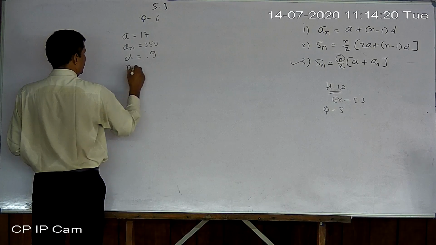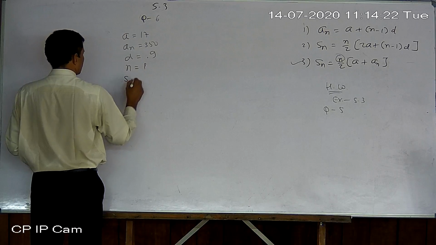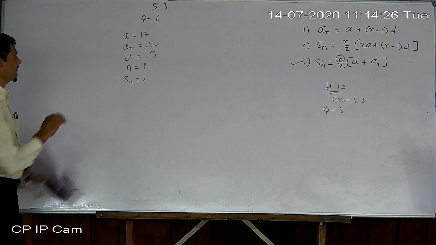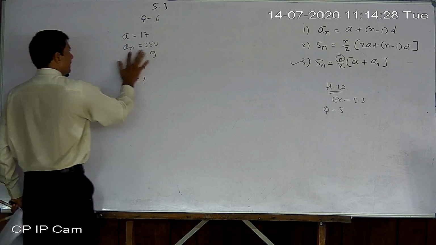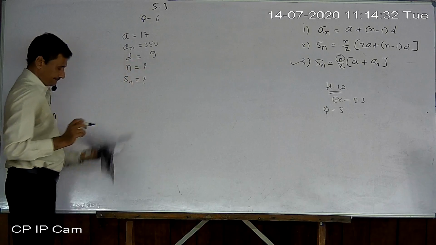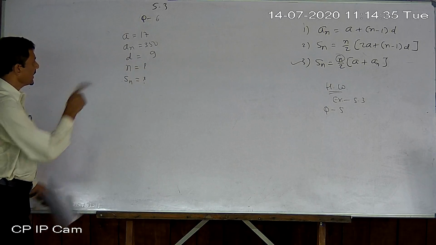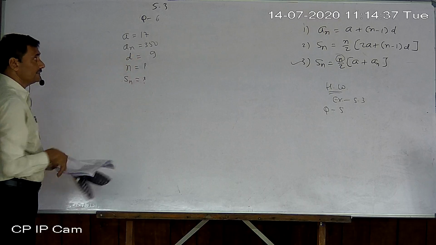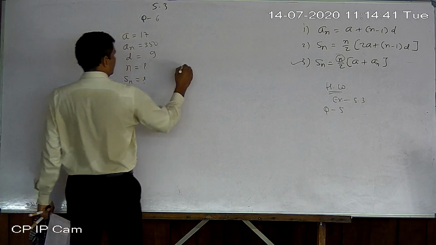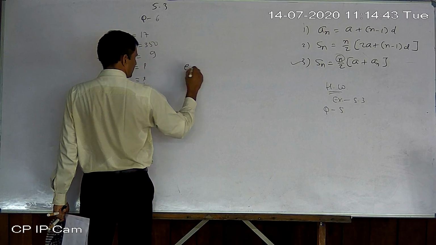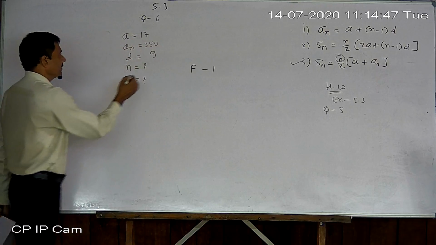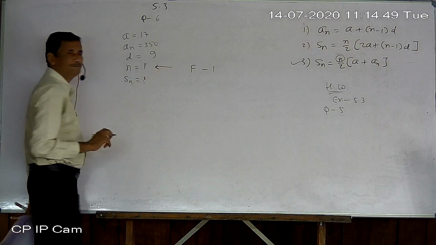The list is already prepared, look there only. a, an and d are given. So the first applicable is equation number 1, so that you will get n.